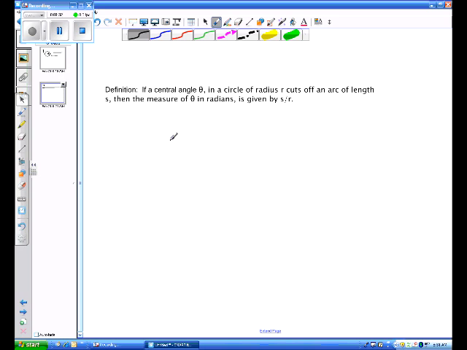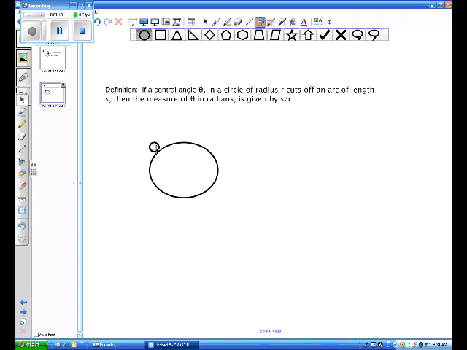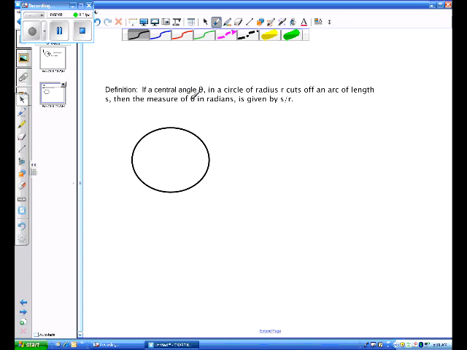Let's look at a definition just a little bit different. If we have a circle, the central angle theta in a circle of a given radius r cuts off an arc length s.